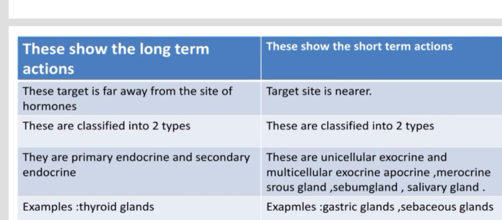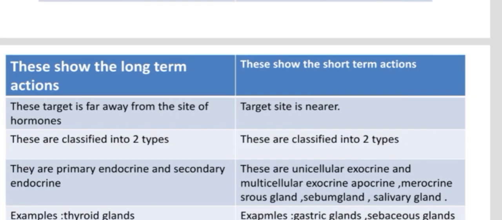Endocrine glands are classified into primary endocrine and secondary endocrine, whereas exocrine glands are unicellular exocrine and multicellular exocrine, that are apocrine, merocrine, holocrine, and sebaceous gland, sebum gland, salivary gland, lacrimal gland, etc. These glands come under the classification of exocrine glands. Remember, the action is fast, the short term action.